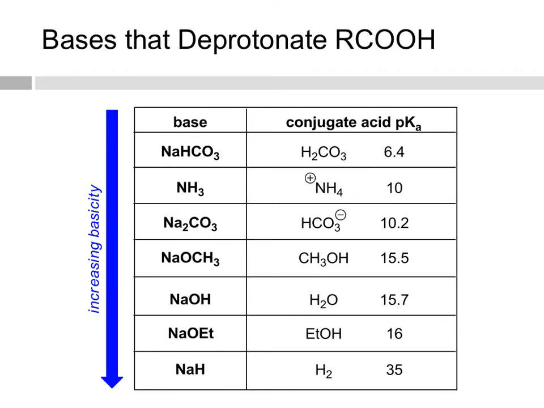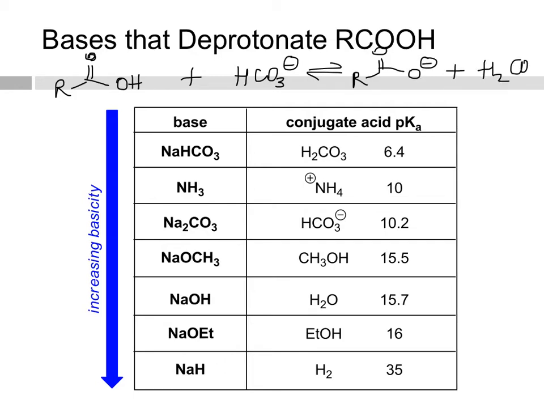If you look at a reaction and you want to know whether it can deprotonate a carboxylic acid or not, what you're going to do is look at the relative pKa's of the acids on both sides of the reaction. For instance, if we have bicarbonate, we're looking at this equilibrium reaction, and bicarbonate is going to deprotonate to give us the carboxylate and form carbonic acid.